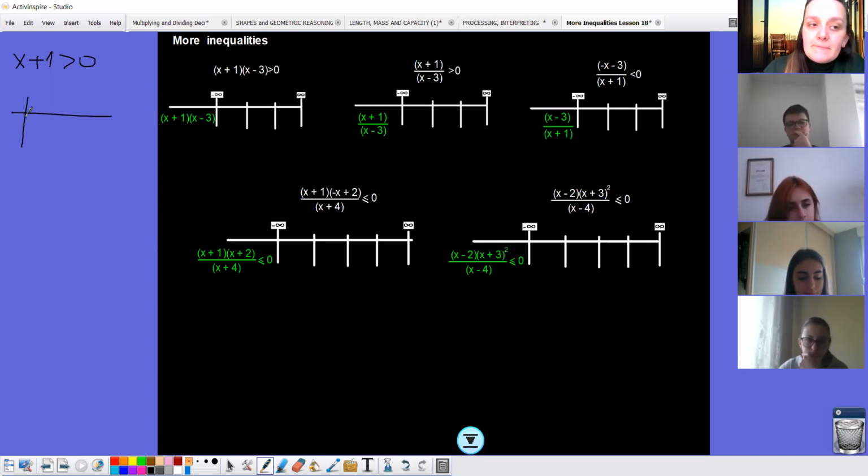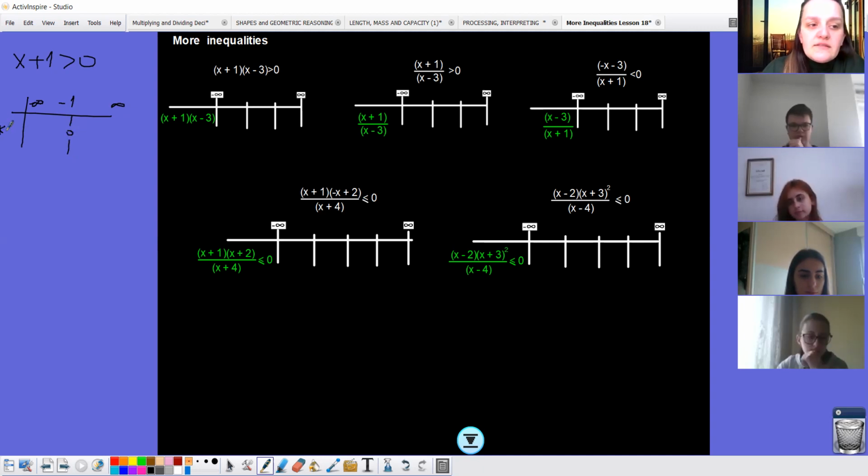What is the critical point here? It will be -1, only -1. We have only one critical point. Then it will be minus infinity, plus infinity. Here the dot will be filled or empty? It will be empty because it is only greater than.